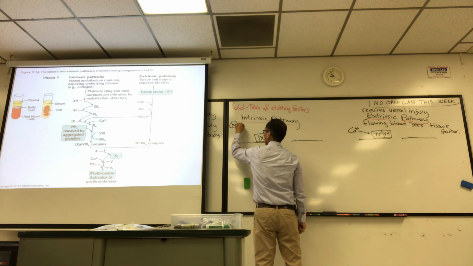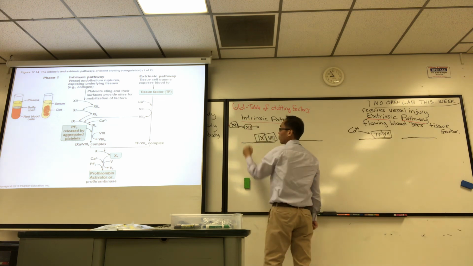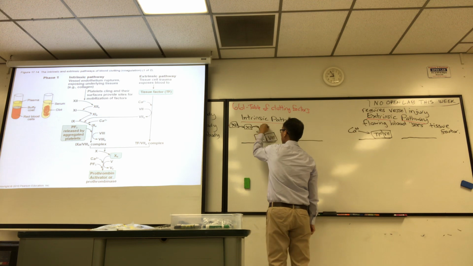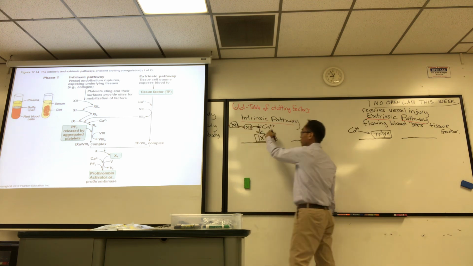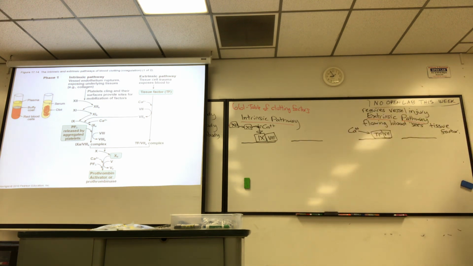12 gets you to 11, which gets you to 9, and calcium is also important there too. So I'll just draw boom, boom, boom. Assume both are happening simultaneously, but if we ask which one happens faster, this one happens a little bit faster.